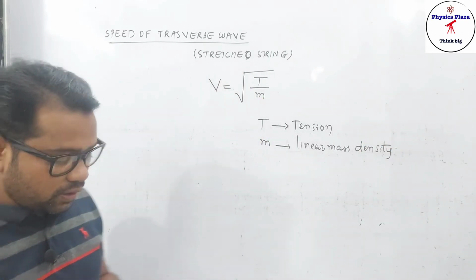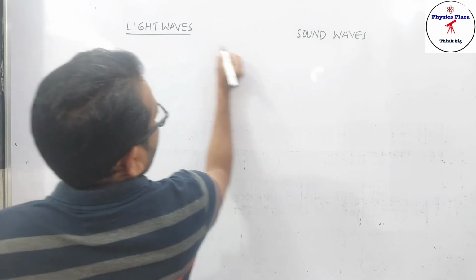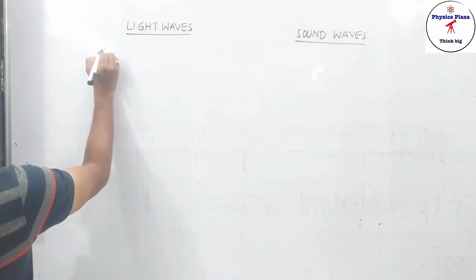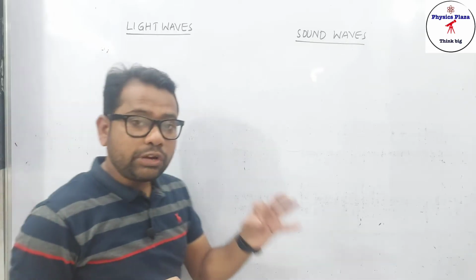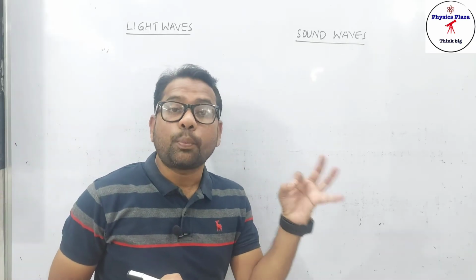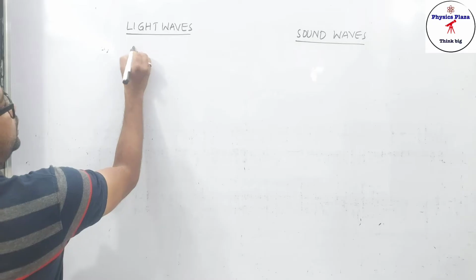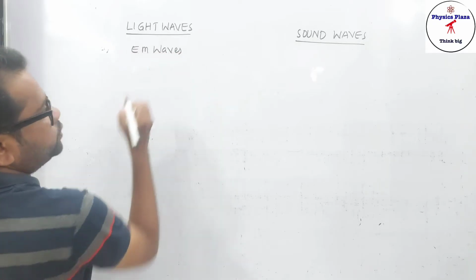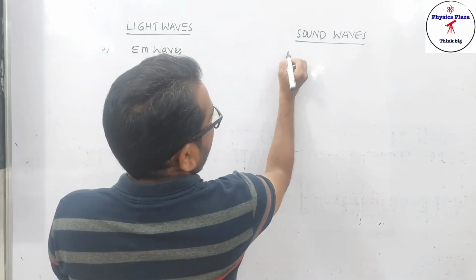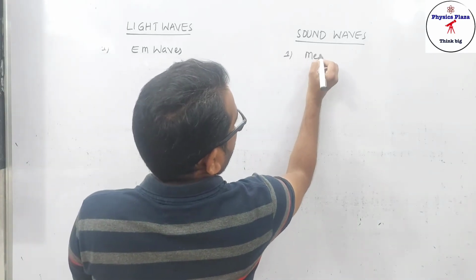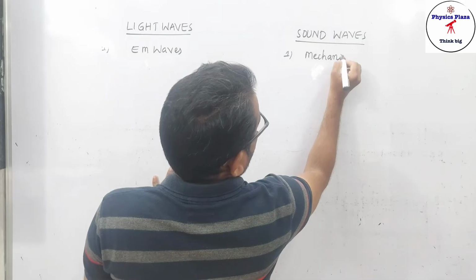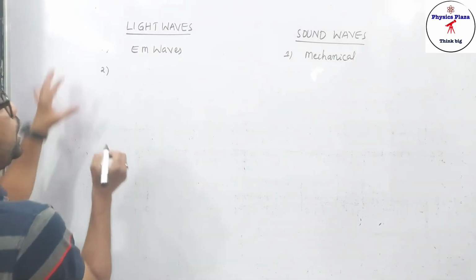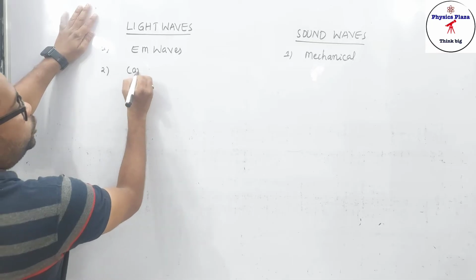So just copy it. Here are light waves and here are sound waves, children. The first point under light waves: light waves belong to the electromagnetic waves, whereas sound waves are mechanical waves. Second, light waves can travel through vacuum, children.